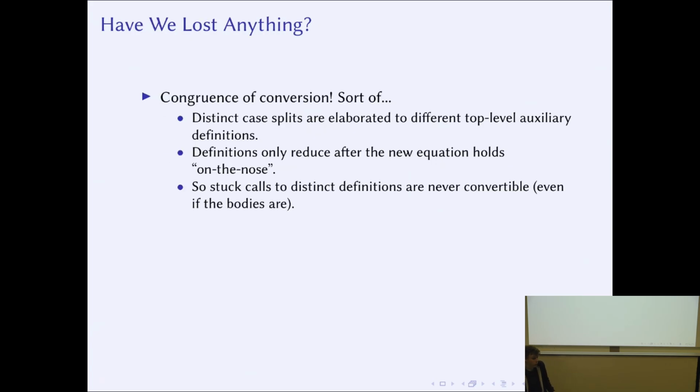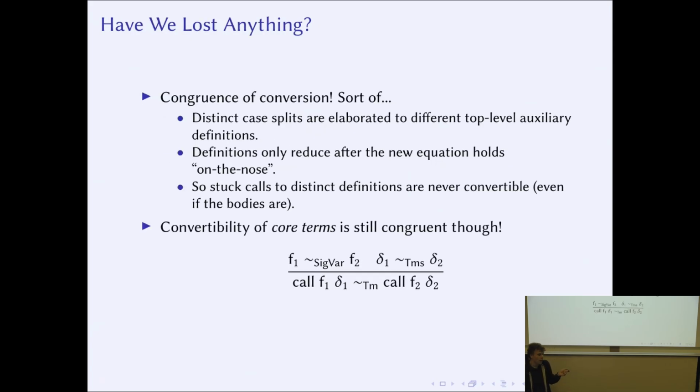There's one subtle issue that you might want to discuss here, which is that from the perspective of the surface language, if I write two different programs that do pattern matching, they're going to get elaborated to different top-level definitions, and if the calls to these definitions are stuck, even if the bodies are themselves equal, because the calls are to different definitions, and we're considering those to be generative, that they're calls to distinct definition variables, right?